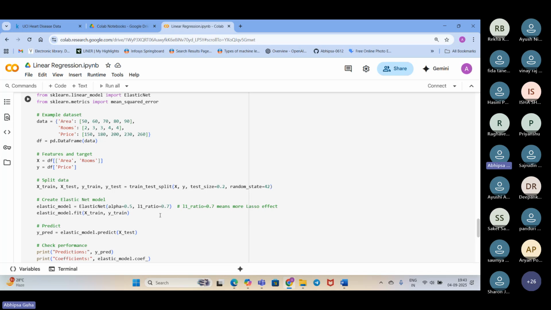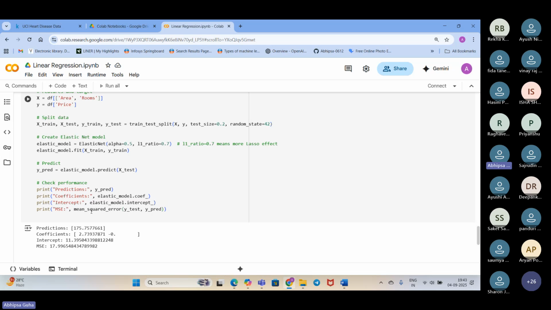That is mostly the L1 lasso effect, and some L2, the ridge effect. And alpha is the overall penalty strength. Similarly, we have predicted and got the value like this.